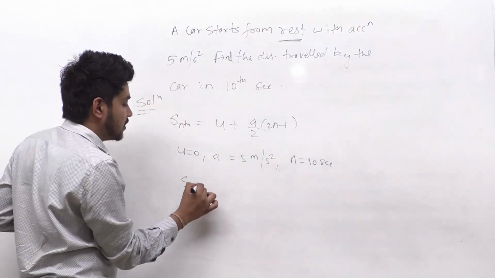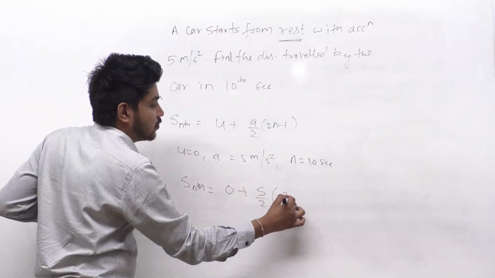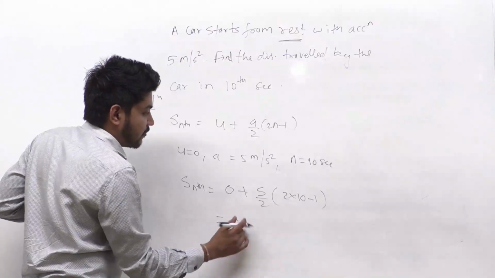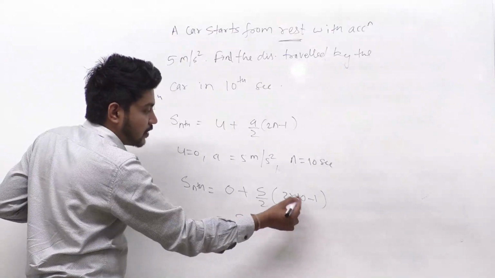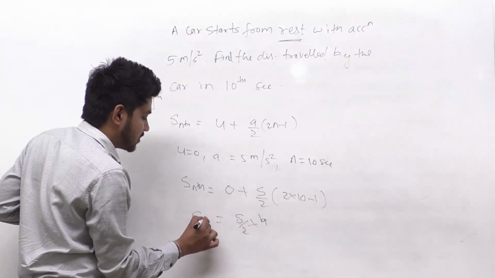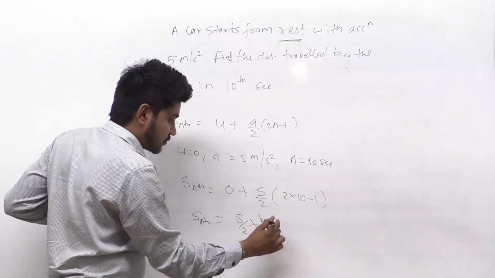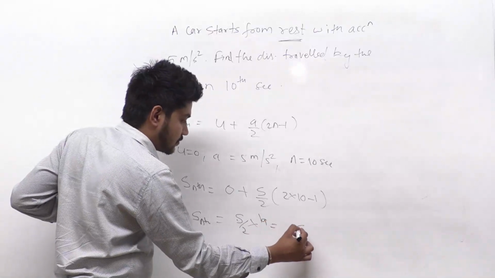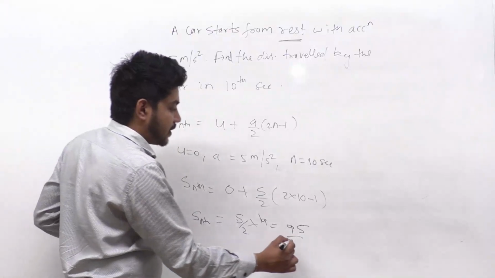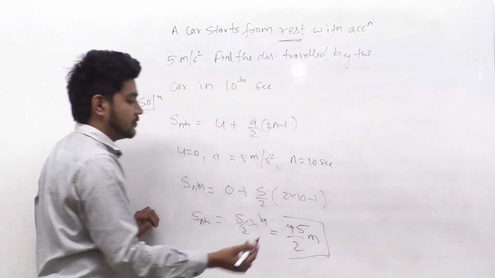Distance travelled in nth second is 0 plus 5 by 2 into (2 into 10 minus 1), so 5 by 2 into 19, which is 95 by 2 meters. So this is the answer.